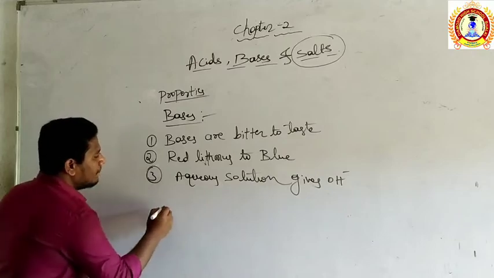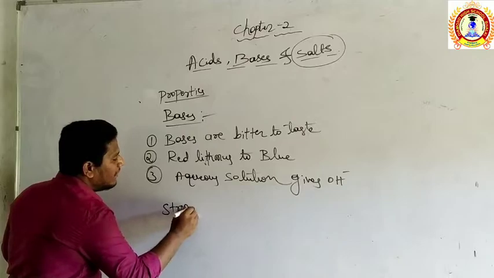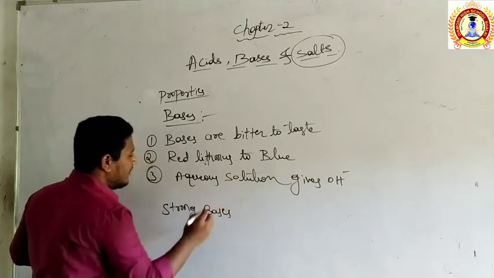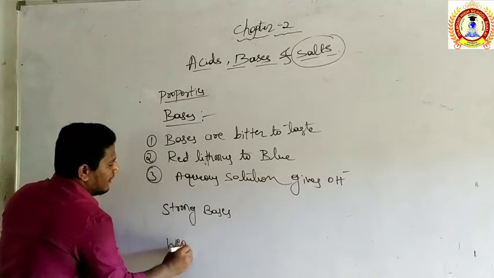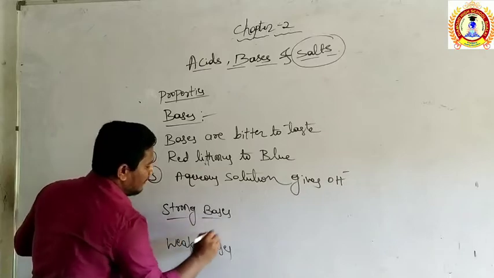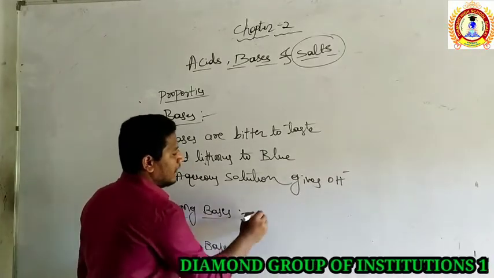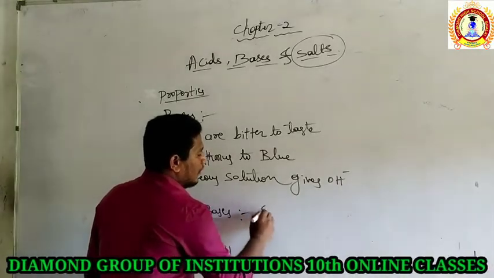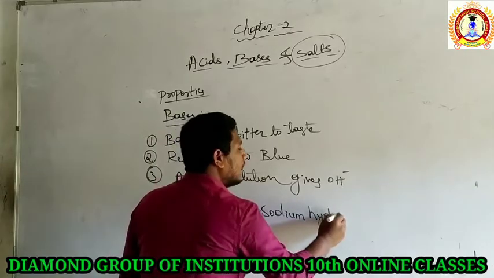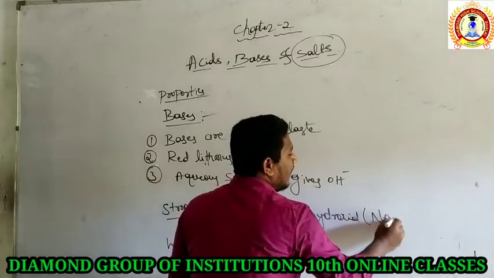Now again, there are two kinds of bases, strong bases and weak bases. Sodium hydroxide is a strong base, represented by NaOH.